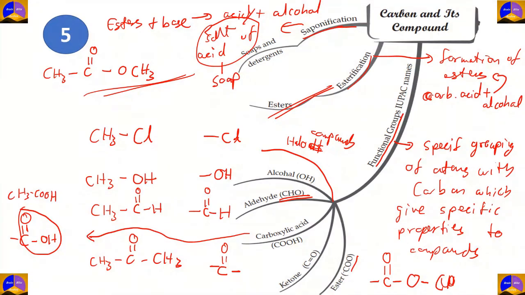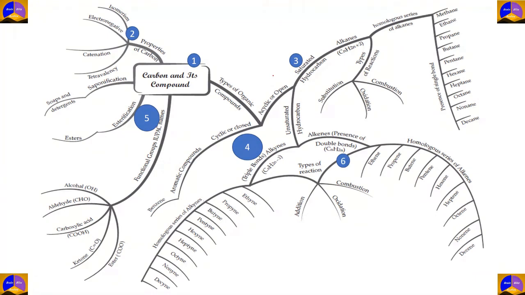So in saponification, esters reacting with an inorganic base get cleaved, split into an alcohol and a salt of carboxylic acid or a carboxylic acid. If you get a salt of a higher order carboxylic acid, you call that a soap. And that's why you get soaps and detergents when saponification takes place. So this is the general overview of the chapter Carbon and its Compounds.